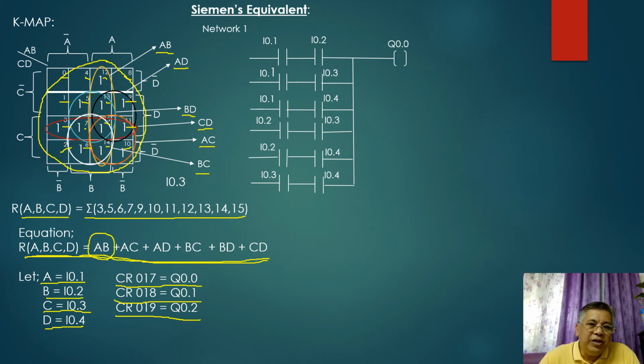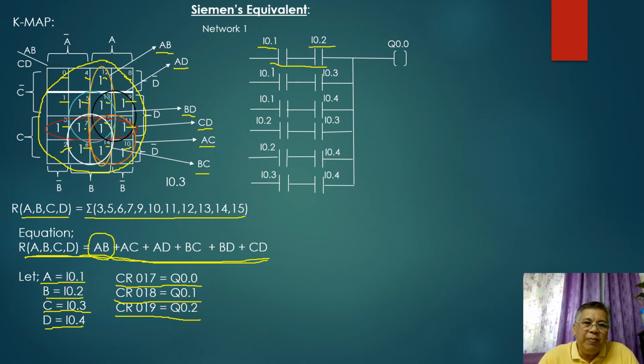With inputs represented by A and B, an AND gate can be represented by a series connection of contacts. So we have here AB, which is I0.1 and I0.2 connected in series.